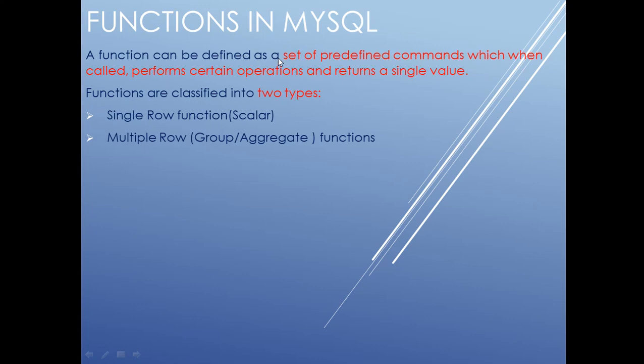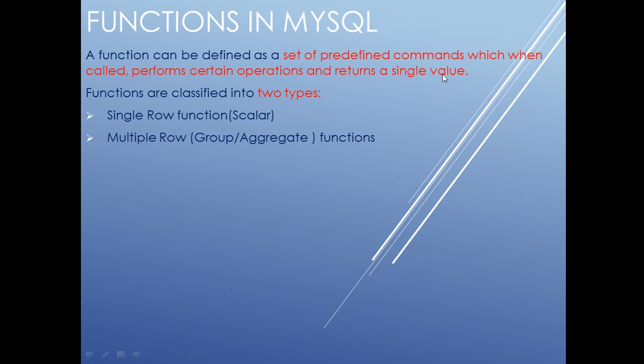The function is a set of predefined commands. The set of instructions are already written, which when called perform certain operations. Whenever you call or invoke the function, it will perform certain tasks, and it returns a single value.